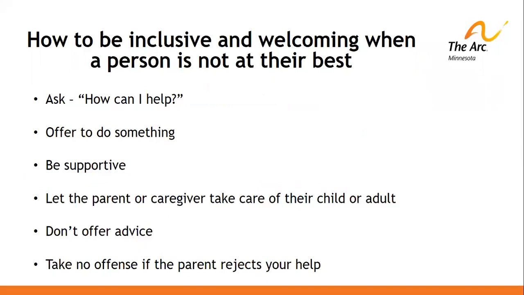Some of you may have had experience at a shopping store, eating out at a restaurant, or at a concert or a special event, and have witnessed someone that is not at their best. Many times it may be a child with a parent, but possibly it is an adult that is trying their best.